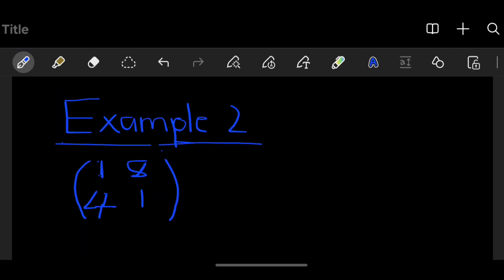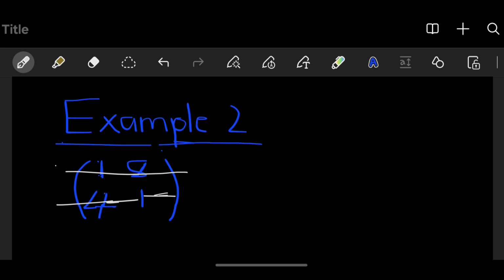Now we move on to example number 2. We have a matrix which is 1, 8, 4, 1. Remember, to read the number of rows and columns, we start by counting the number of rows, which are 1 and 2.